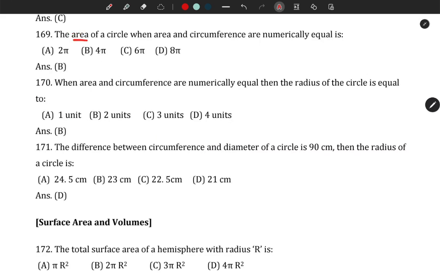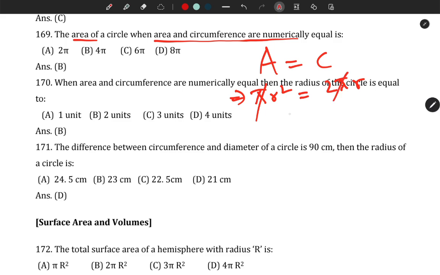Next question, the area of a circle when area and circumference are numerically equal. So given that the area of a circle is equal to the circumference, and we know the area of a circle is pi r square, equals the circumference, which is 2 pi r. So pi will cancel, r square means r into r equals 2r, again one r will cancel, so the radius is 2 units.